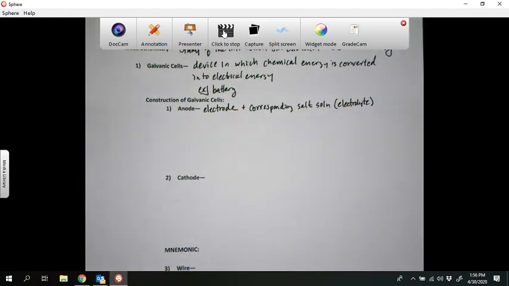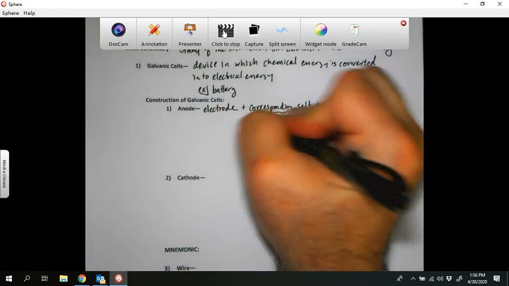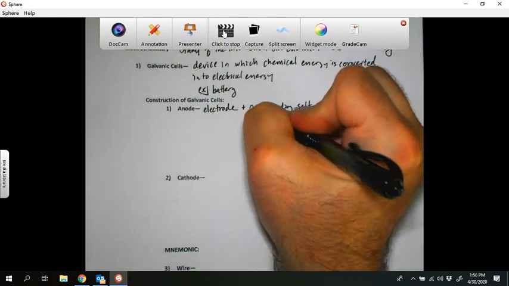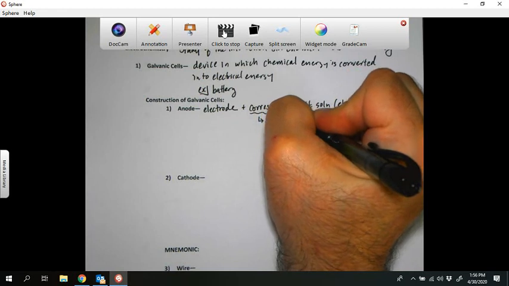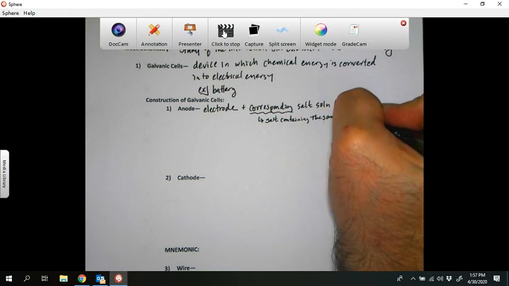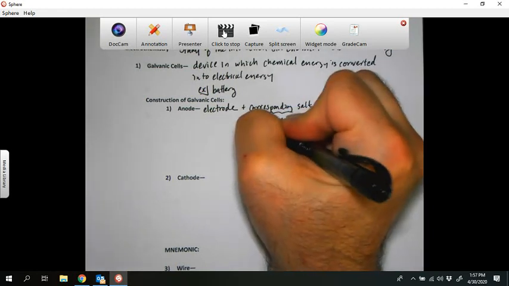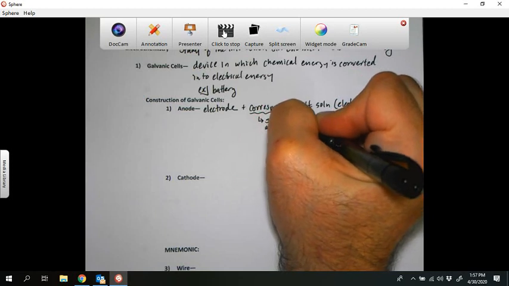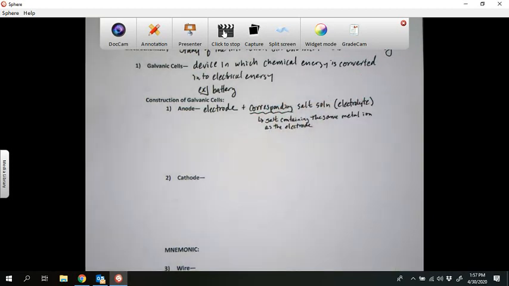So this corresponding salt solution, what we mean by corresponding is the salt contains the same metal ion as the electrode. So it could be copper in a copper 2 sulfate solution. It could be iron in an iron 3 chloride solution. So as long as the electrode, if it's a metal, is made out and the salt solution has the same metal ion in it, it is going to work.